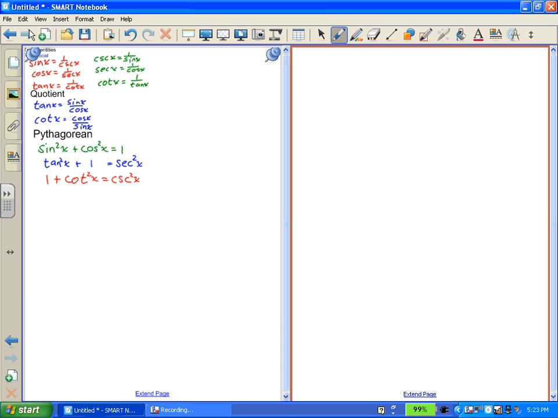The next one is 7 sine theta plus 5 cosine theta all over sine theta cosine theta, and that equals 7 secant theta plus 5 cosecant theta.